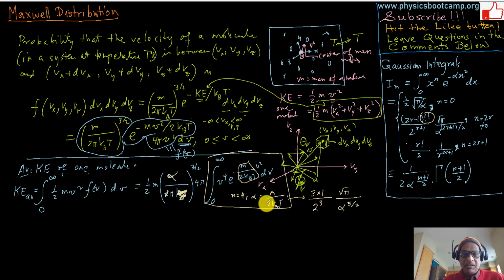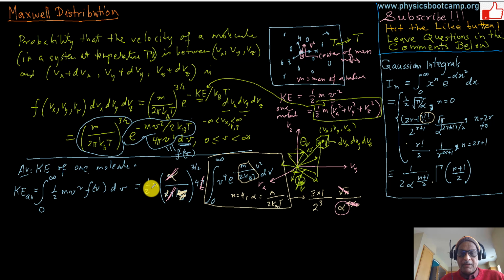So you can see a lot of things cancel out. This guy cancels the entire thing and just becomes alpha, with just 1 alpha left. There is a pi here and there's a pi there, so all the pi's get cancelled, and you have 4 here and 8 and 2.